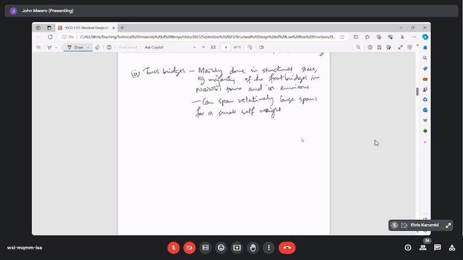The deck of the bridge can be on top of the truss, in the middle of the truss, or at the bottom of the truss.